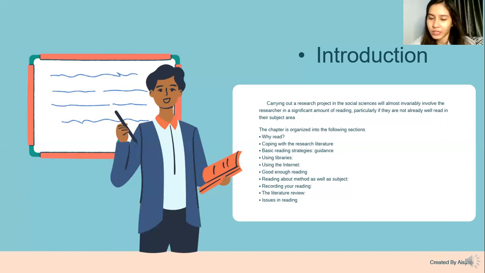Coping with the research literature, basic reading strategies, guidance, using the library, using the internet, good enough reading, reading about method as well as subject, recording your reading, the literature review, and issues in reading.